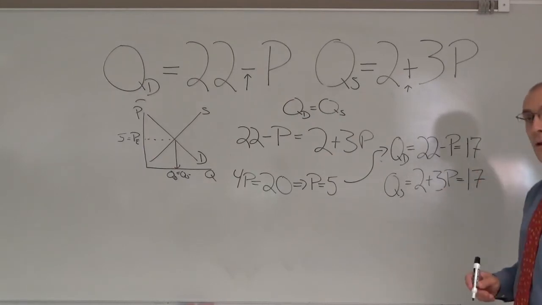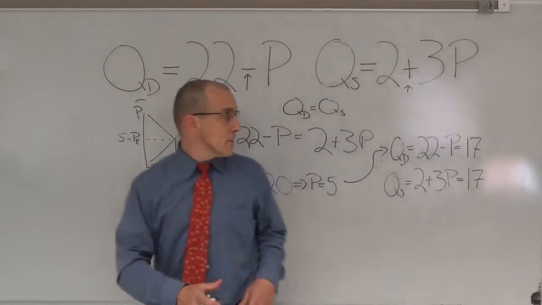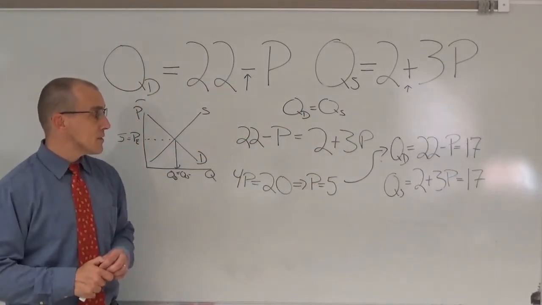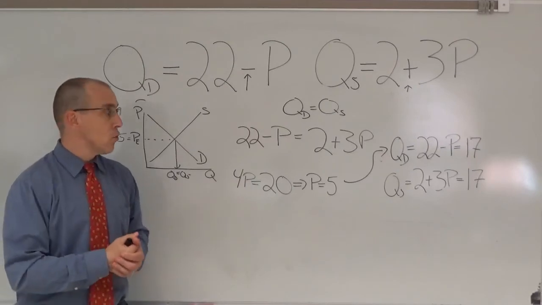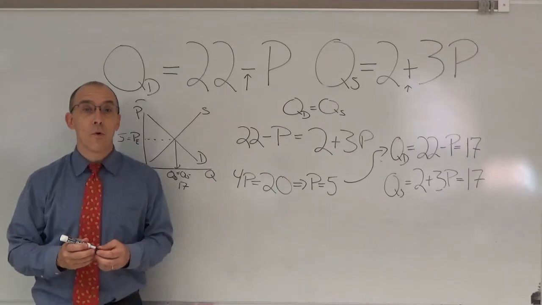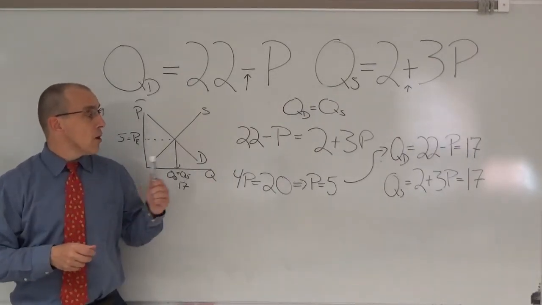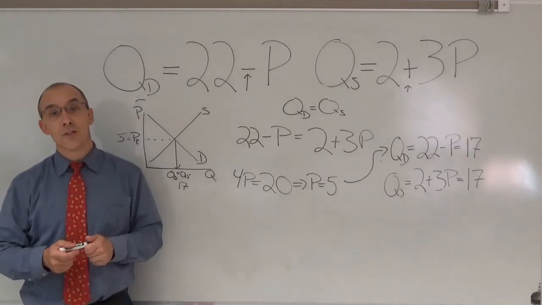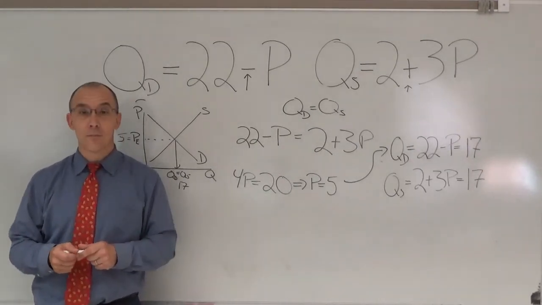You can see here that when I substitute the price of 5 into both my quantity demanded and quantity supplied equations, I get the same quantity, 17. That is my equilibrium quantity. And it is always good to double check your work by substituting your price into both equations to make sure that you get the same quantity.